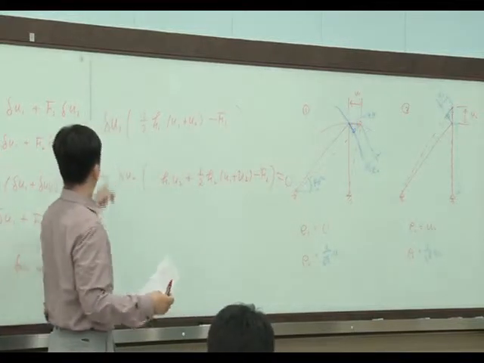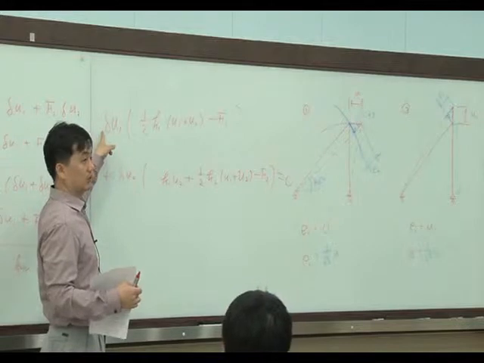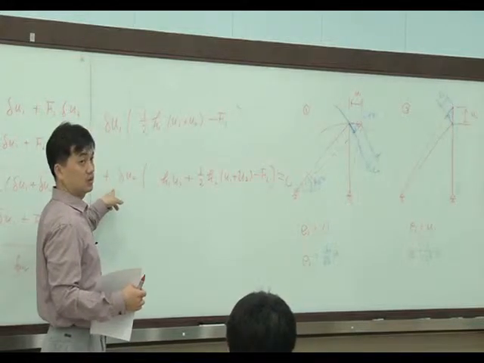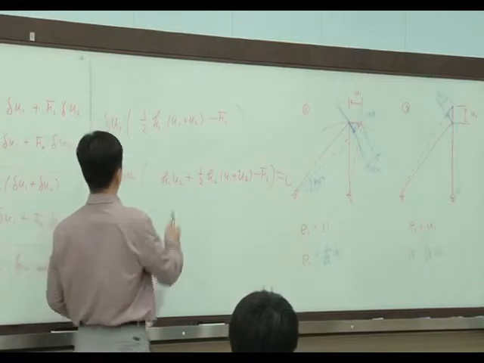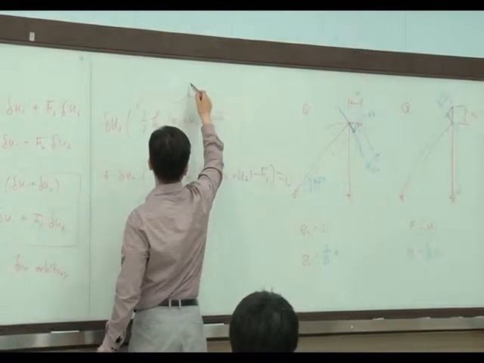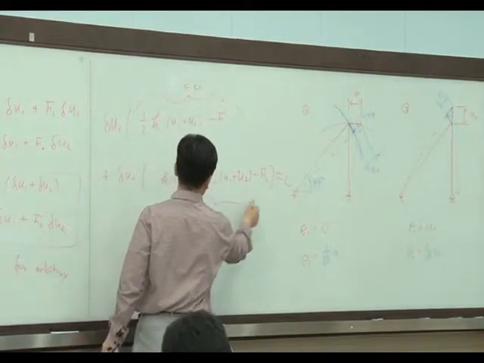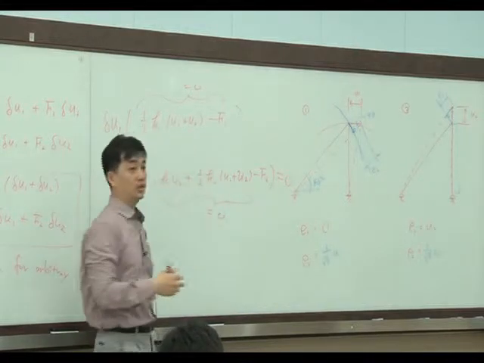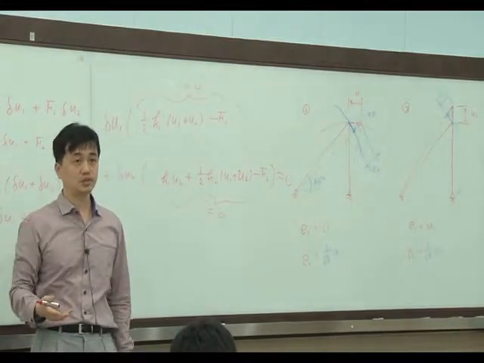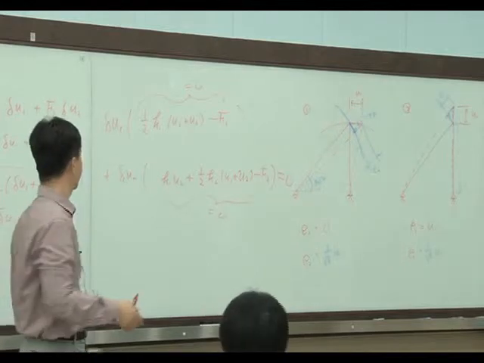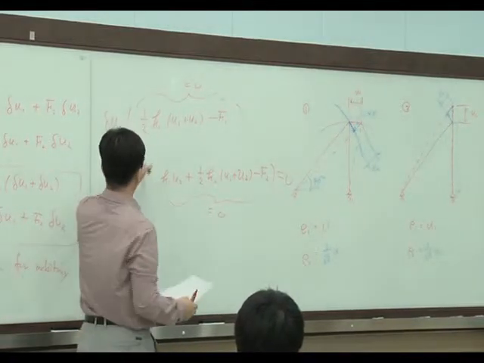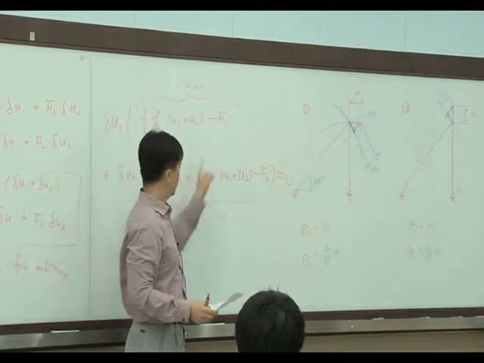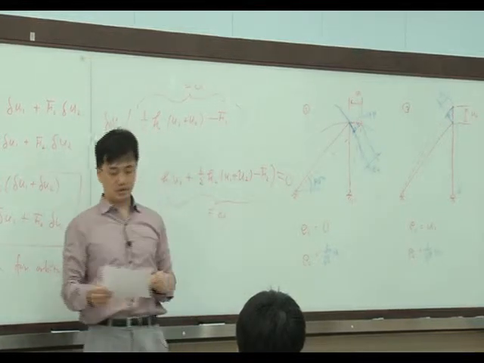So for arbitrary virtual displacements U1, U2, to make this equation 0, this should be 0, and this should be 0. So we have two equations, right? The first equation is this one equals 0. The second one is this equation equals 0.